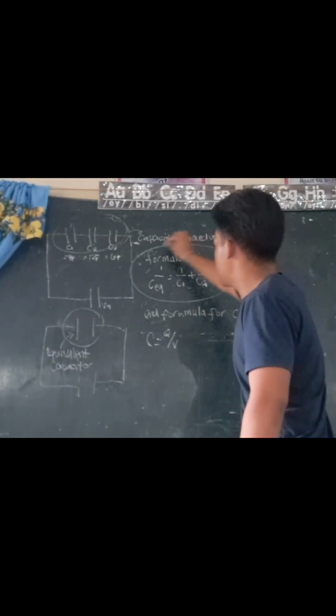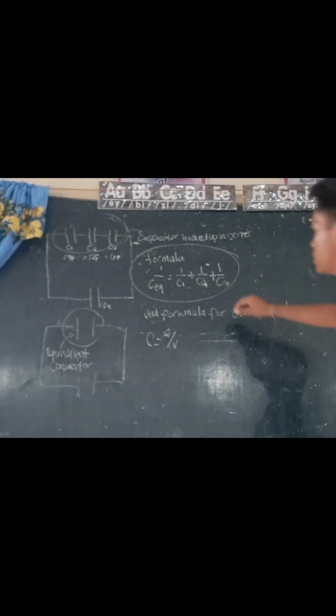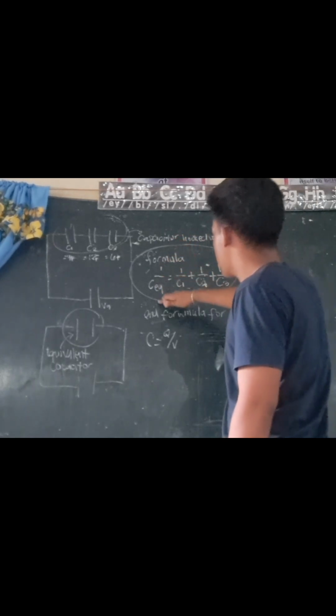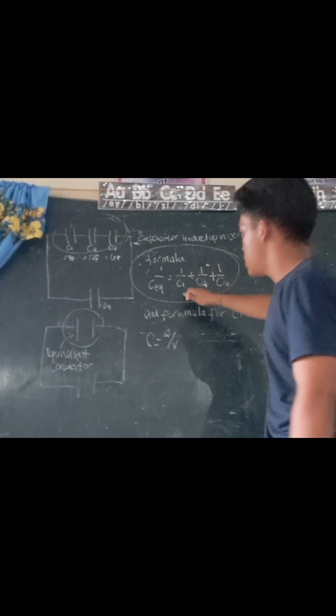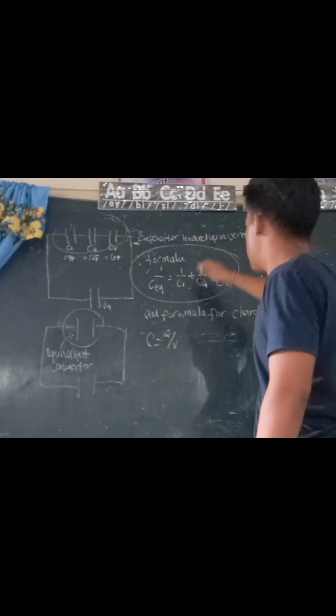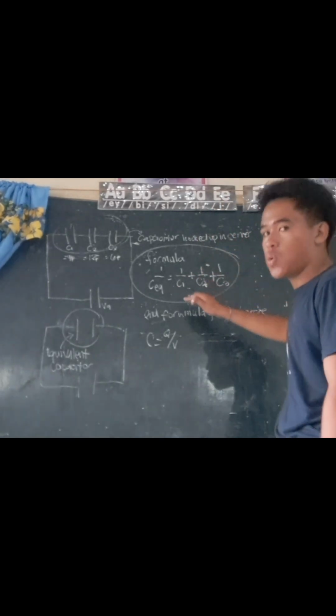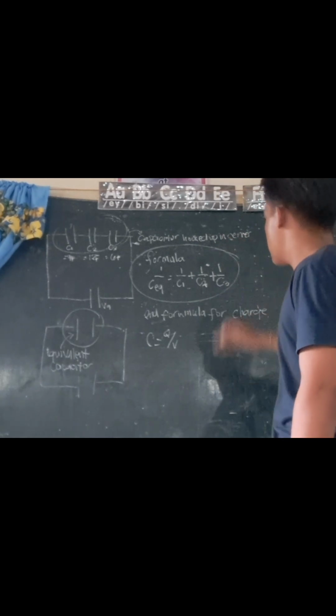Now, we're going to use this formula, which is 1 over capacitance equivalent equals 1 over capacitor 1 plus 1 over capacitor 2 plus 1 over capacitor 3.